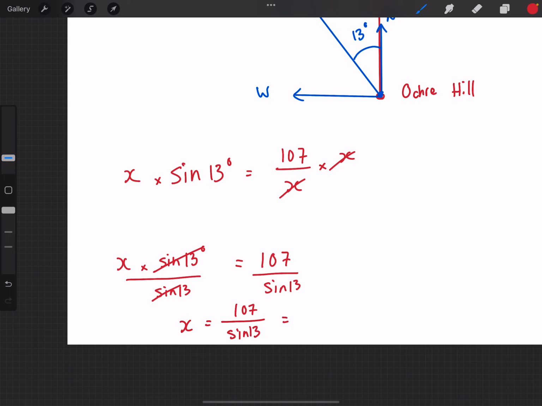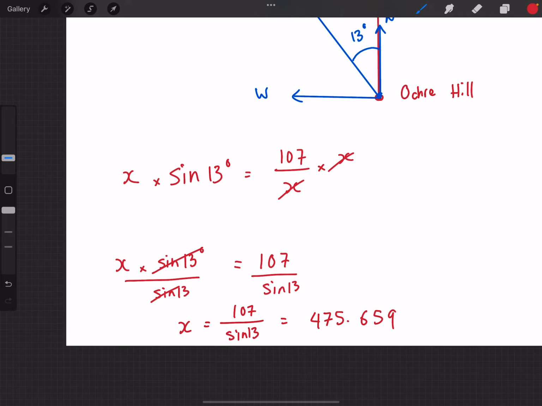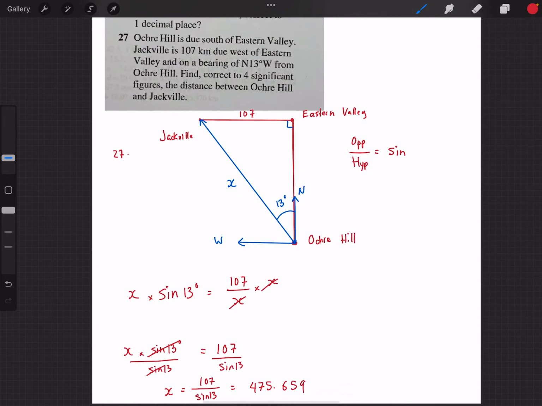Put that into the calculator and let's see what we get. It's 107 divided by sine 13, and you will get 475.659. So that's our answer.